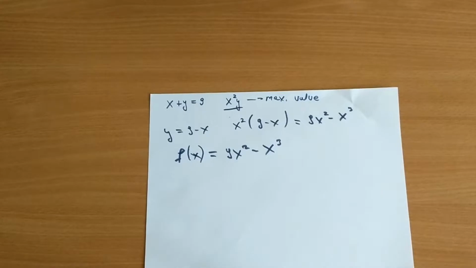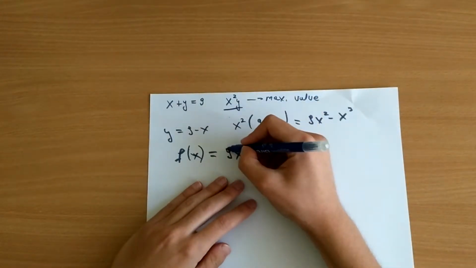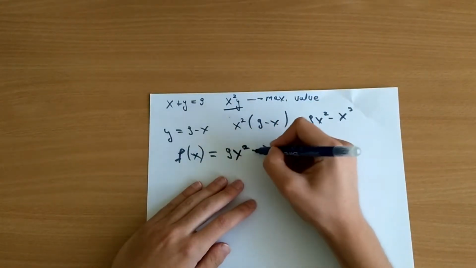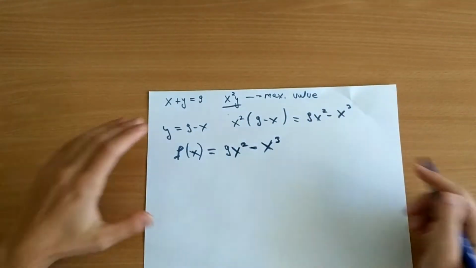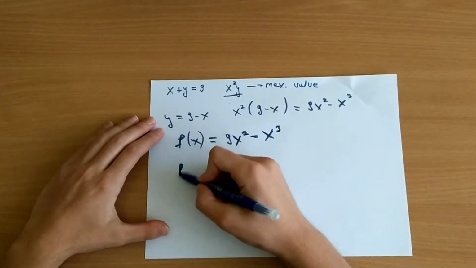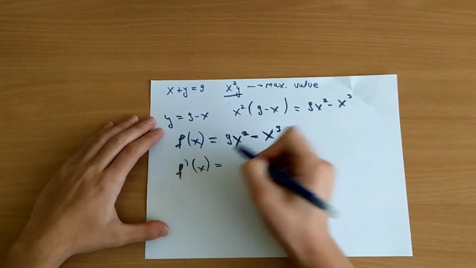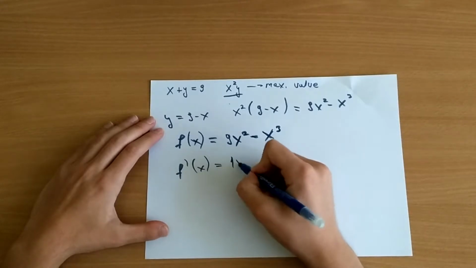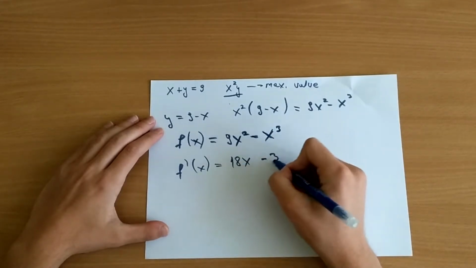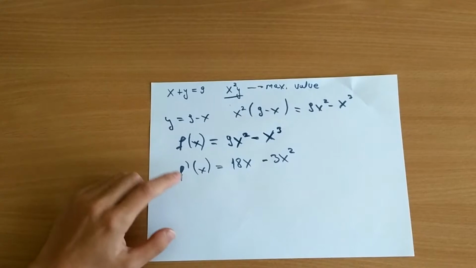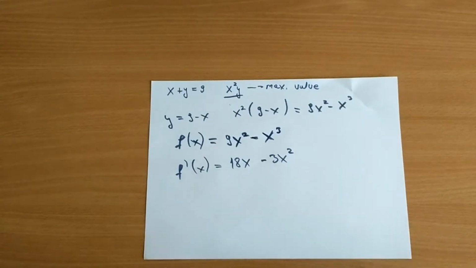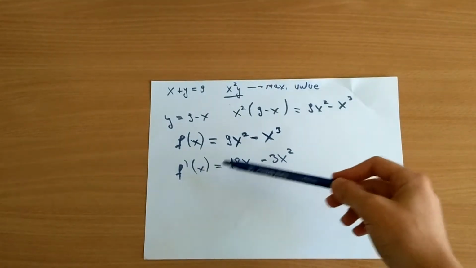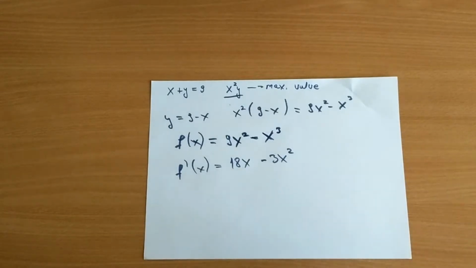Okay, so we need to find the maximum value of this function, and we're going to use the second derivative test. So first of all, let's find the critical points. f prime of x, the first derivative, will be equal to 18x minus 3x squared. And since this is a continuous function, it can only take values for which f prime of x is 0.